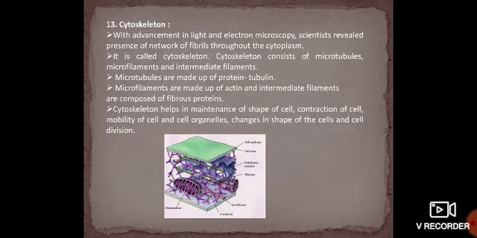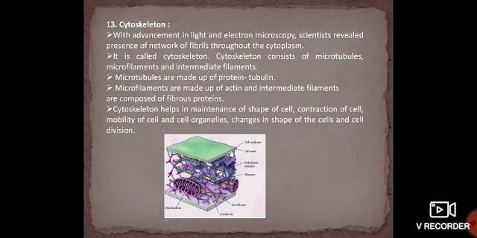Lastly, we go to the cytoplasm, cytoskeleton. Cyto is cell and skeleton means a support system or a framework present inside the cell. Students, as we all know, we also have a skeleton in our body which gives shape and support to our body.